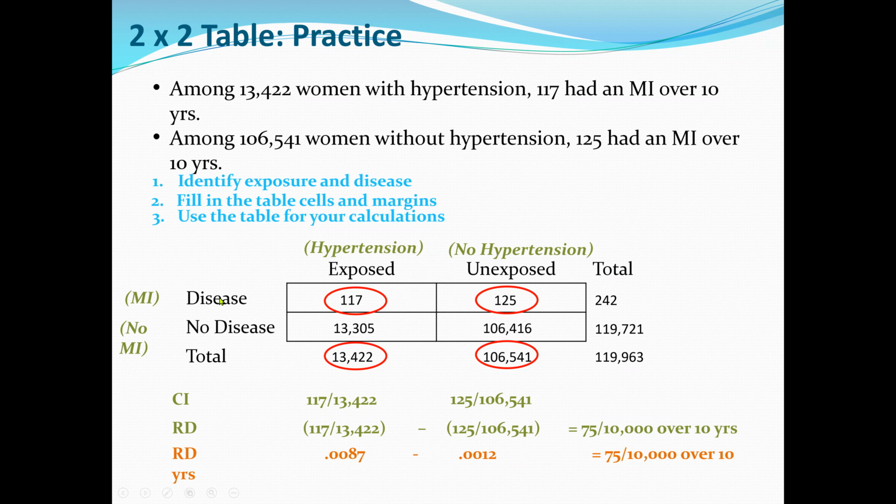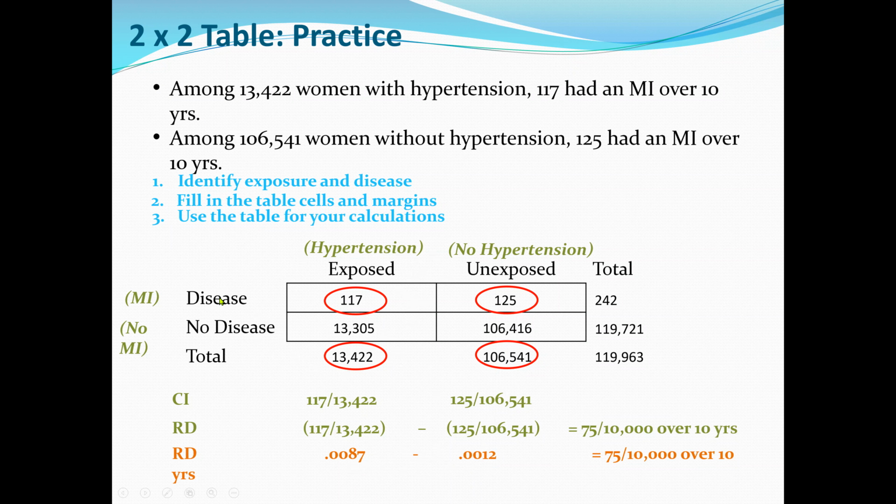Risk ratio is the cumulative incidence ratio, because that is the most commonly used relative measure of association. It is often up to you to interpret which measure is being used, whether prevalence ratio, risk ratio, or rate ratio.